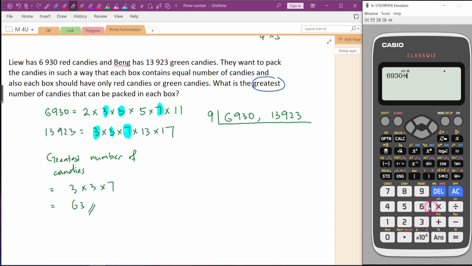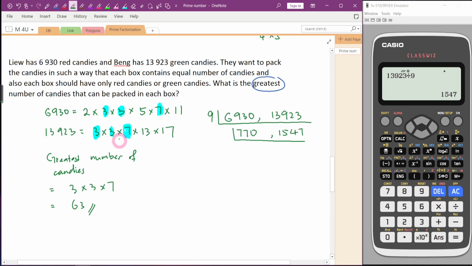6930 divided by 9, 770. 13923 divided by 9, 1547. Okay, so I have used 9.